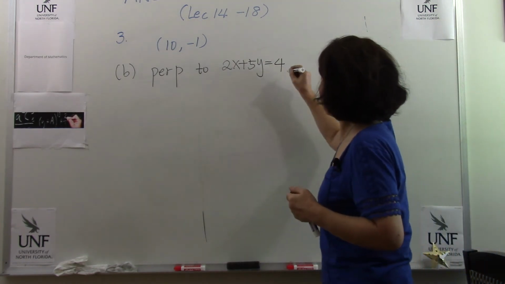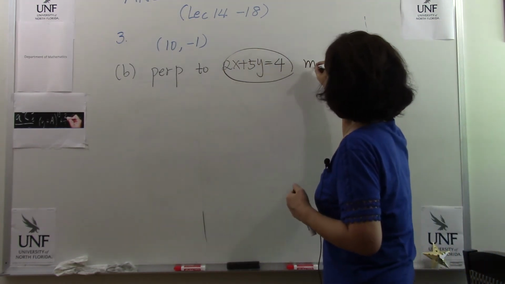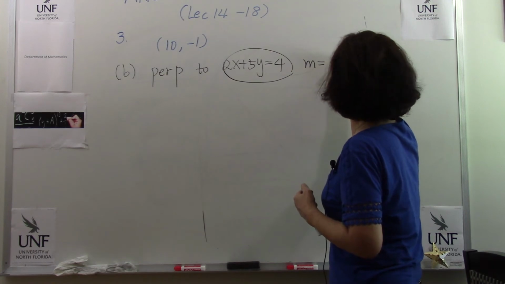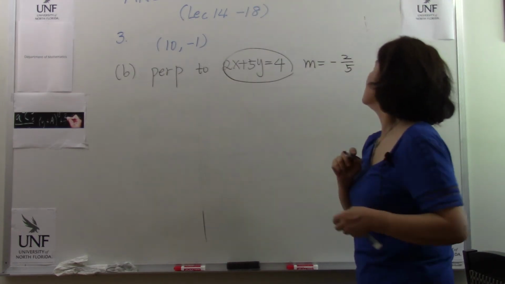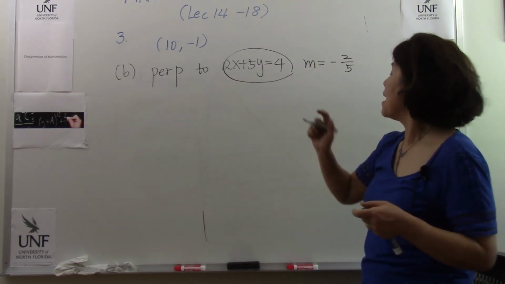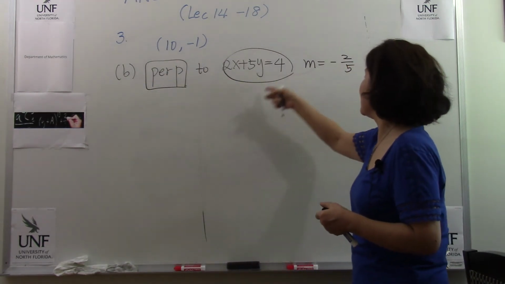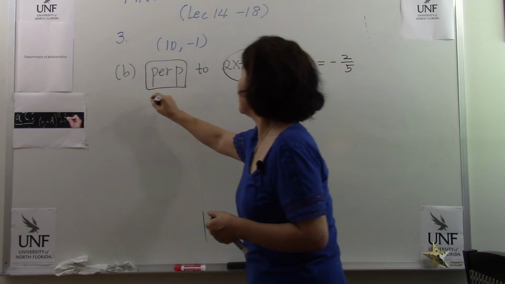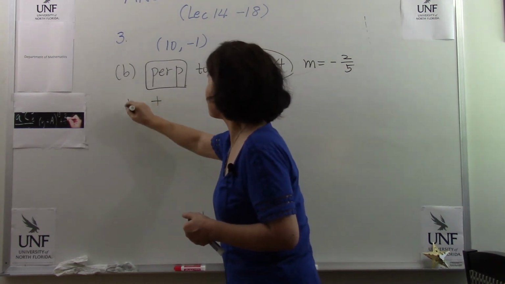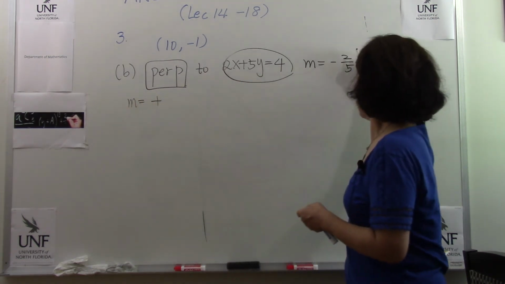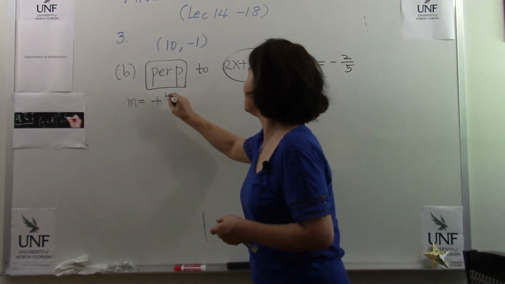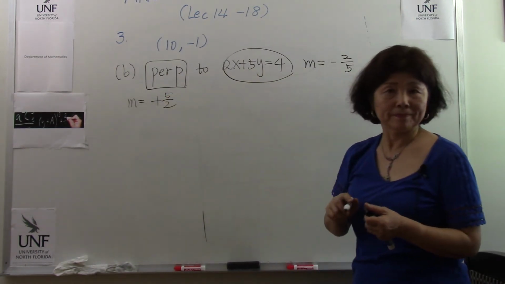You remember this line has a slope of negative 2/5, correct? Therefore, this perpendicular line has a slope that is opposite, so make it positive this time. Positive and the reciprocal, so that gives you 5/2.